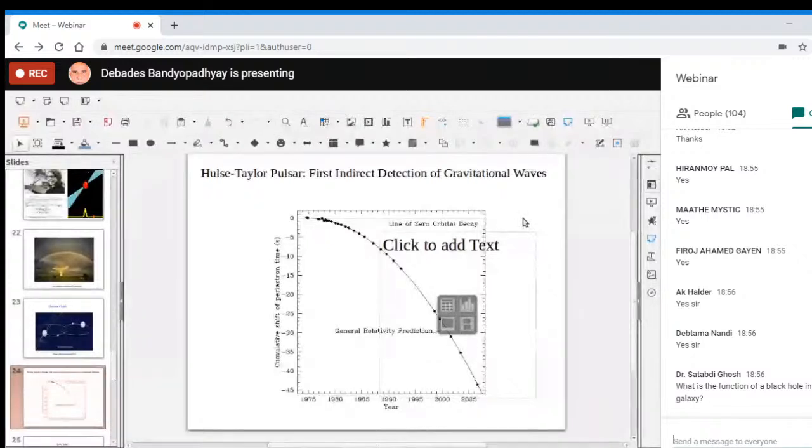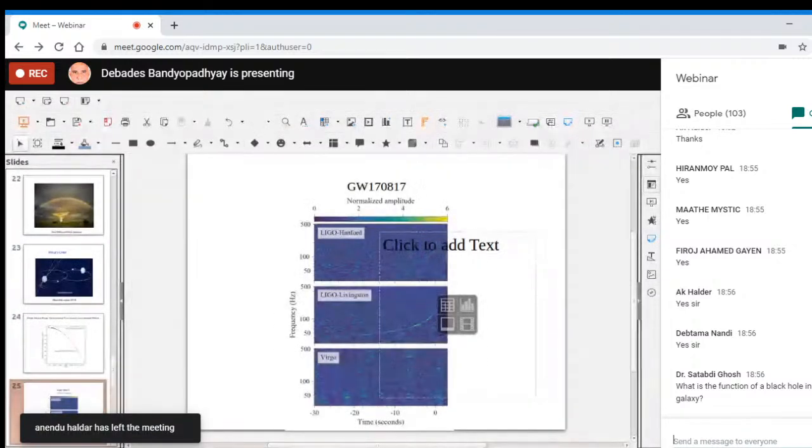but direct gravitational waves were observed in 2017 when two neutron stars collided.